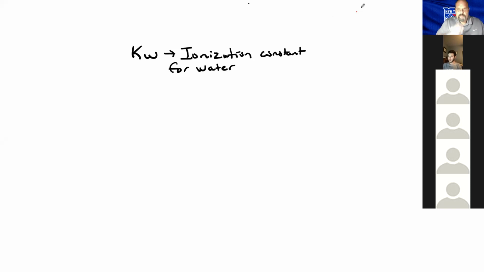Hopefully it'll work. All right, so Kw, the ionization constant for water. Acid and base solutions are aqueous solutions. Aqueous solutions have some amount of H3O plus, some amount of OH minus, because as you saw in the notes, there is proton transfer that takes place in a sample of water amongst a small number of the water molecules that are present.